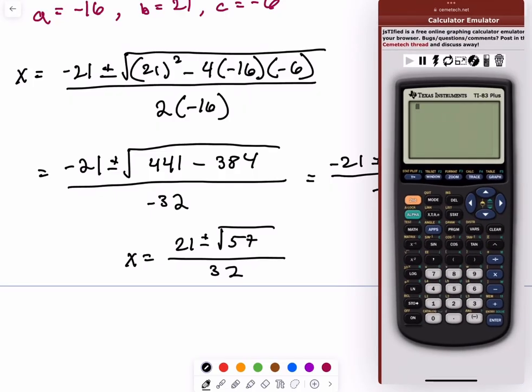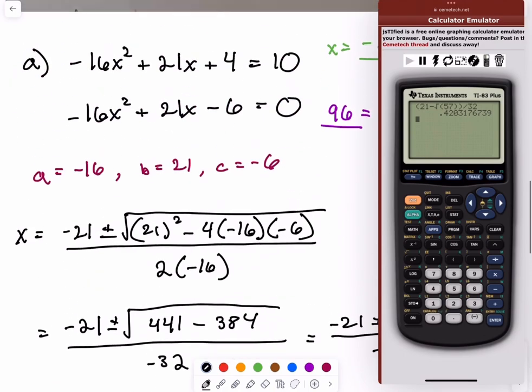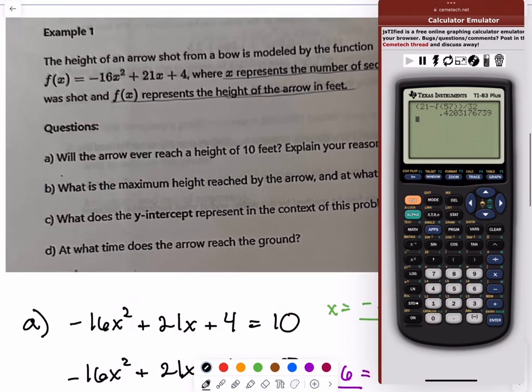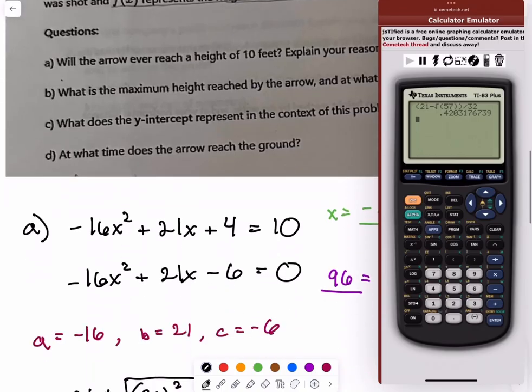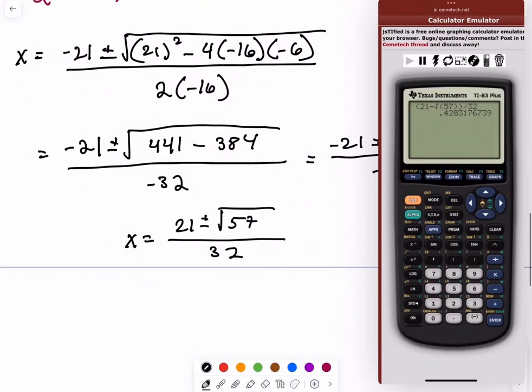So then 21, let's do it like this. 21 minus the square root of 57 divided by 32. So what's the x? Number of seconds. So 4/10 of a second. And then the same thing, but instead of a minus, we want a plus.